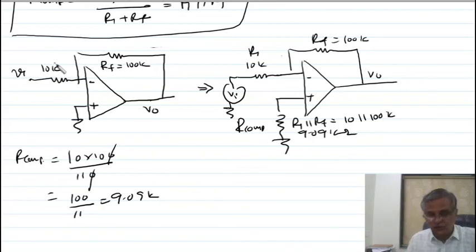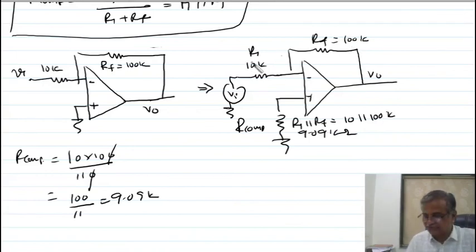Now the inverting amplifier need not be connected like the earlier one. If you want to reduce the error, then you have to modify your inverting amplifier like this, in which you have to use the R compensated resistor here. And that value is how much? R1 parallel RF. You decided, sir, I want a gain of 10.